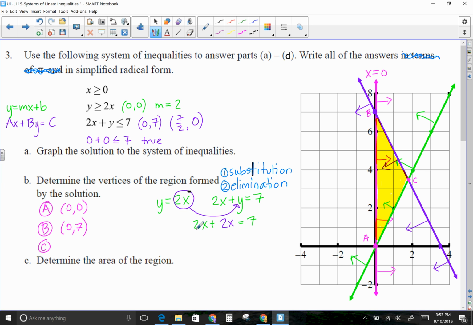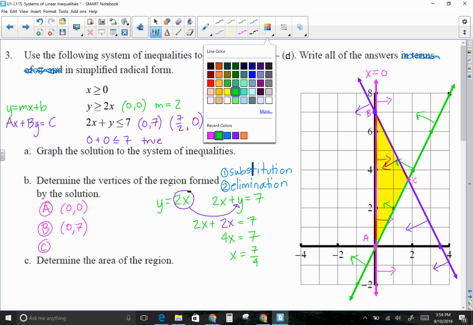So 2x plus 2x is 4x is equal to 7. Divide both sides by 4, and x equals 7 over 4. And they were quick to tell me, how do I find the other one? I just plug that in.